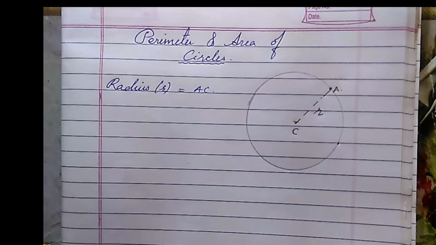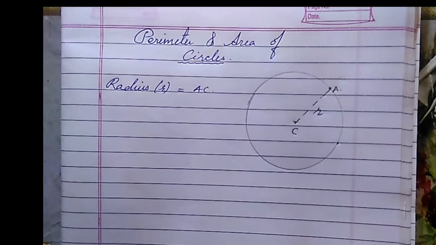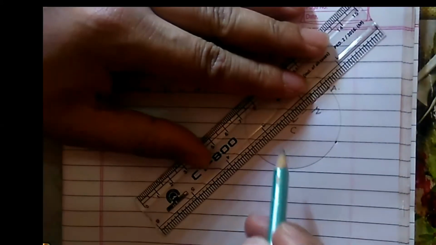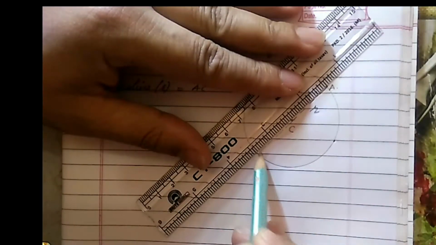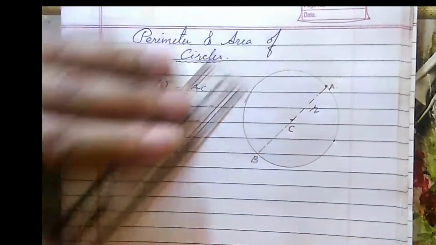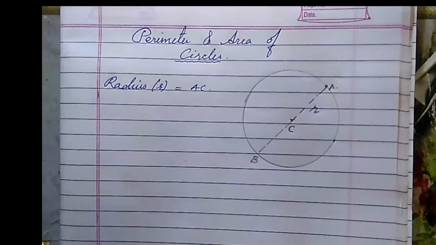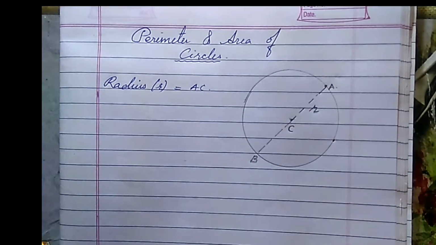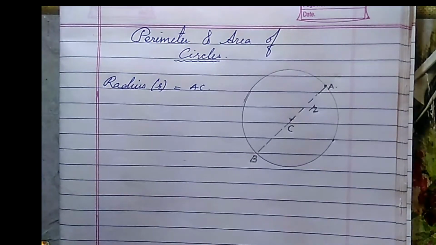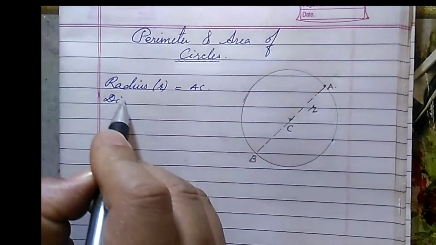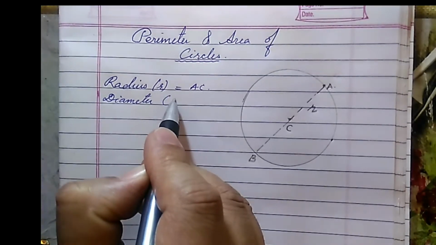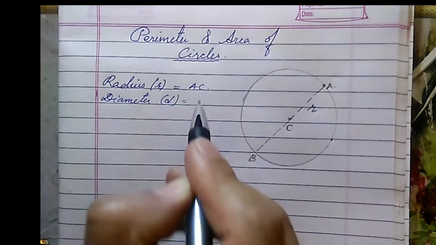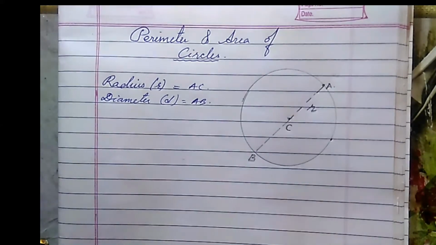Now if I extend this AC such that it meets the other side of the figure and name it as B, then the distance AB is called the diameter of the circle. Diameter is denoted by D and it is AB.